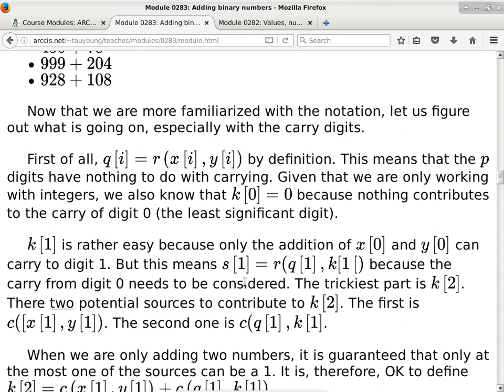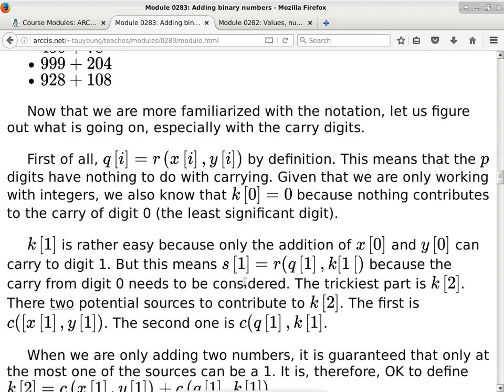So let me repeat the question. The question is, what about this carry here? What about the carry that can go here? There are two ways to contribute to this carry. The first one is from the red addition. The second one is from the green addition. Which means this little bubble here is no longer very simple, because this one can be the carry of adding x1, y1. Okay, that's one source of that carry.